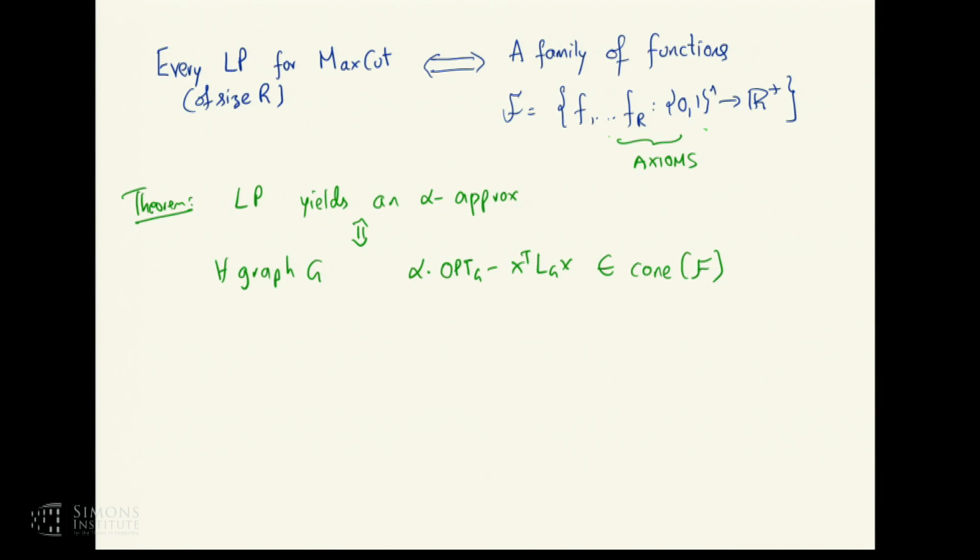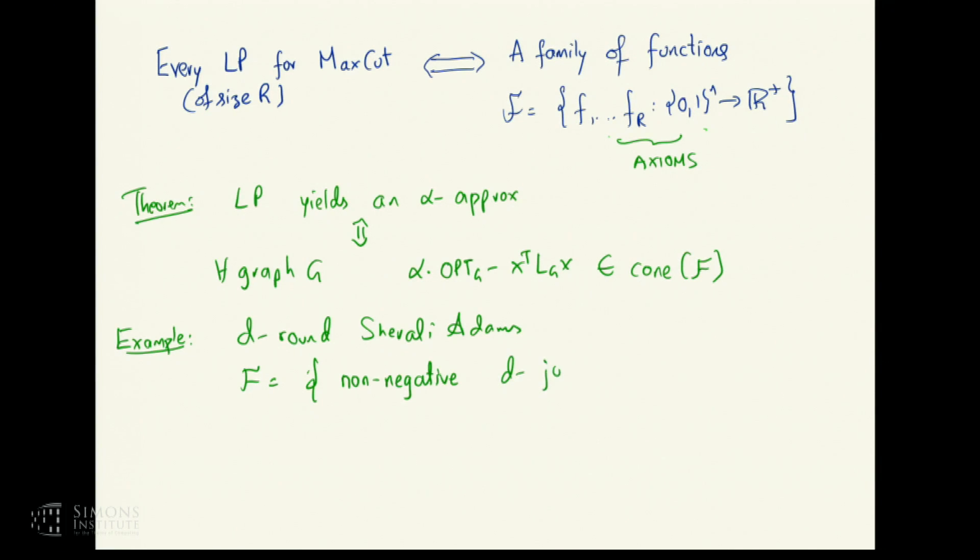Alternately, the linear program certifies that this function is non-negative by writing it as a non-negative combination of the axioms it knows. The most obvious example is what happens for, let's say, the D round Sherali-Adams. For D round Sherali-Adams, the family of functions is just non-negative D juntas, where a D junta is a function that depends only on D coordinates.